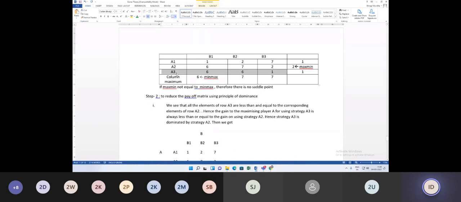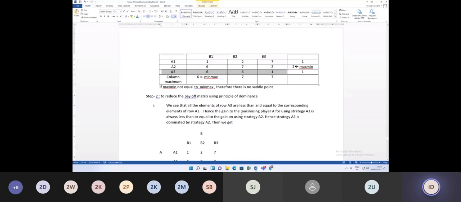1 is less than 6, 2 is less than 7, but 7 is not less than 2, so we cannot ignore this. Here we see that all the elements of A3 are less than or equal to A2.